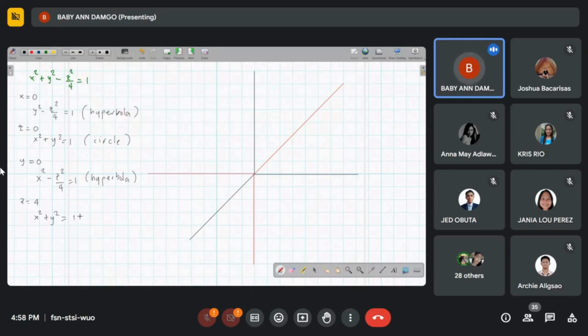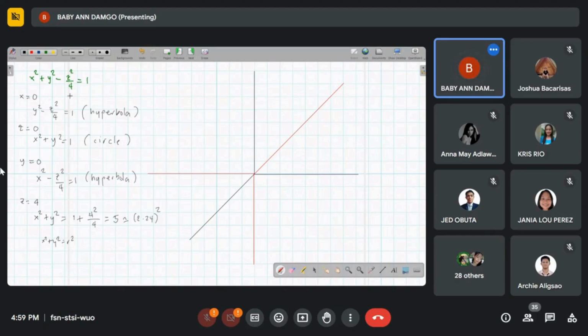We have 1 plus, so this is 4 squared over 4. This is 1 plus 4 is equal to 5. Okay? So estimate, this is 2.24 to the power of 2. Kaya diba for the circle, we have x squared plus y squared is equal to r squared.